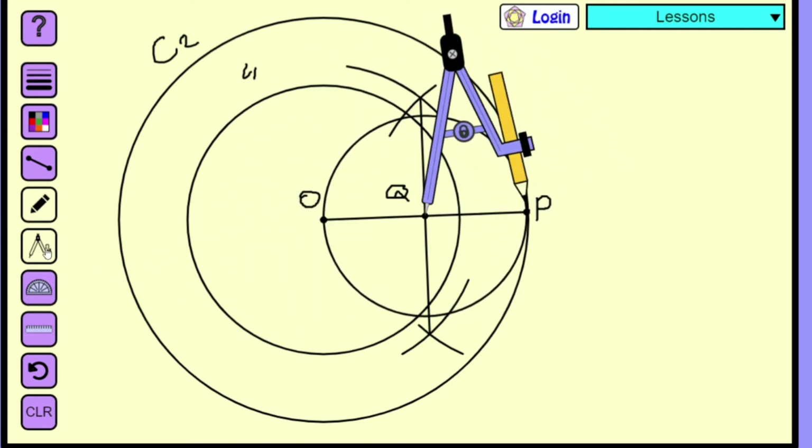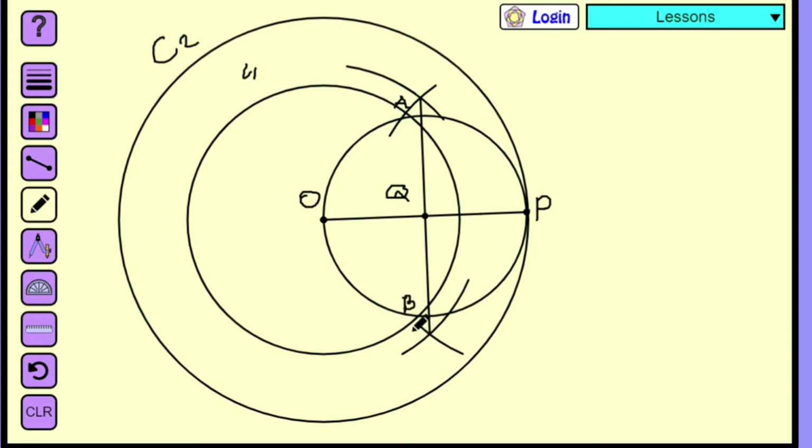This cuts the circle C1 at 2 points. Let them be A and B. Join AP and BP. So PA and PB are the required tangents from the point P of circle C2 to circle C1.